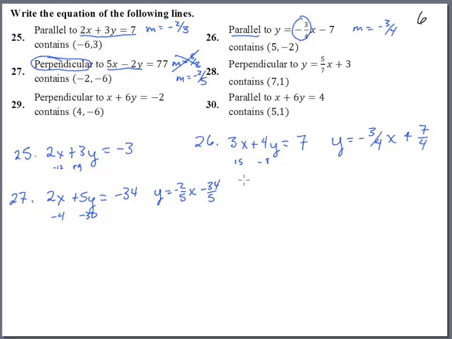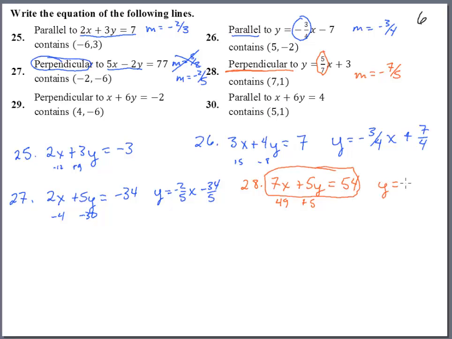Switch color over here for number 28. We don't want this slope, slope 5/7. That's what that slope is, but the perpendicular to it is negative 7/5. That is the slope we want, so we're going to have 7x plus 5y equals 49 plus 5 is 54.